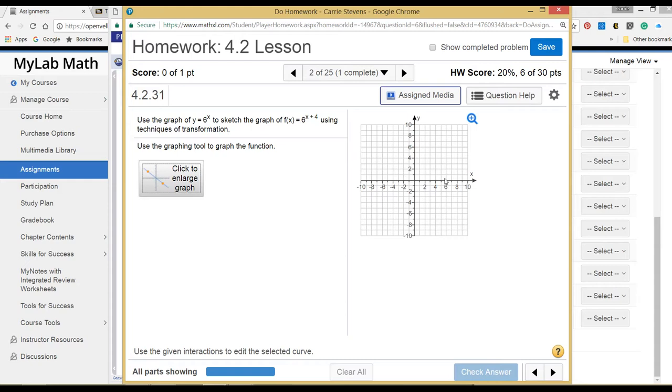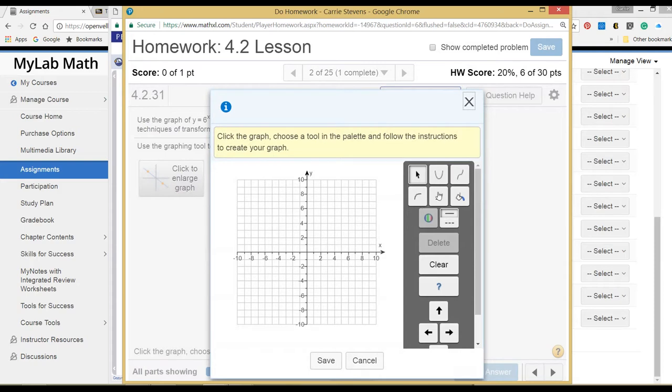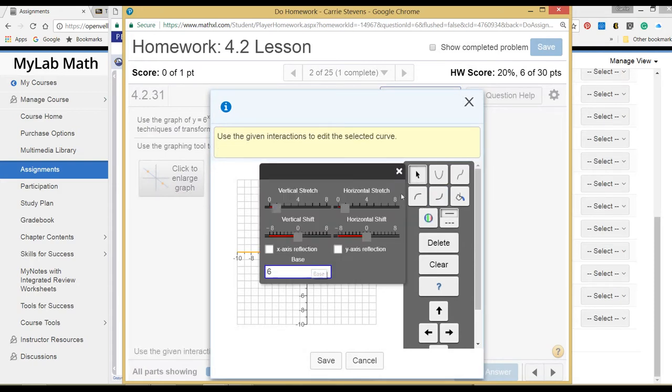Actually, it's the reverse of that. You move to the left. So I'm going to start with my basic function, 6 to the x, and then shift the whole thing 4 units to the left. Okay, so a horizontal shift. I'm going to move 4 to the left.